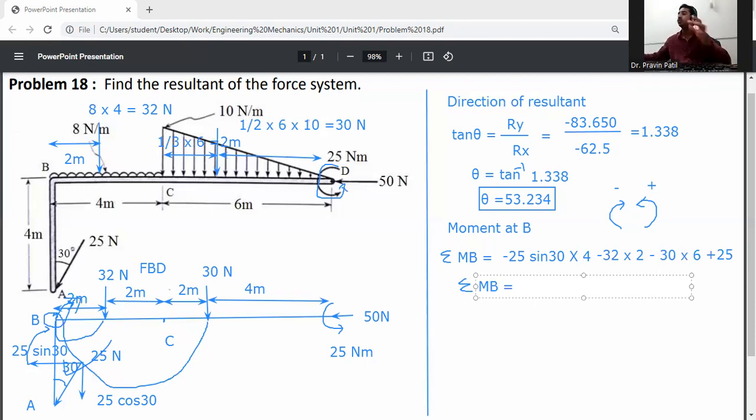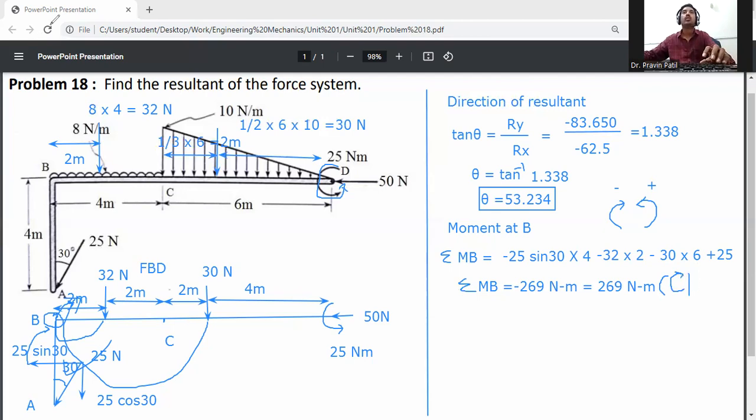It will be minus 269 Newton meter. The minus indicates the moment is in the clockwise direction, so show in brackets: clockwise direction moment.